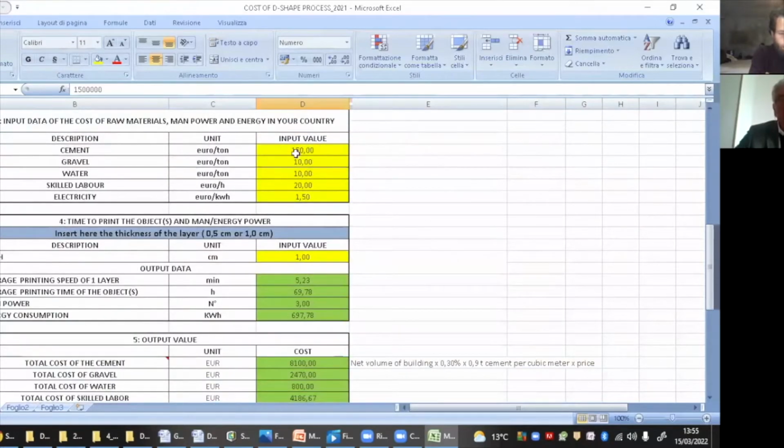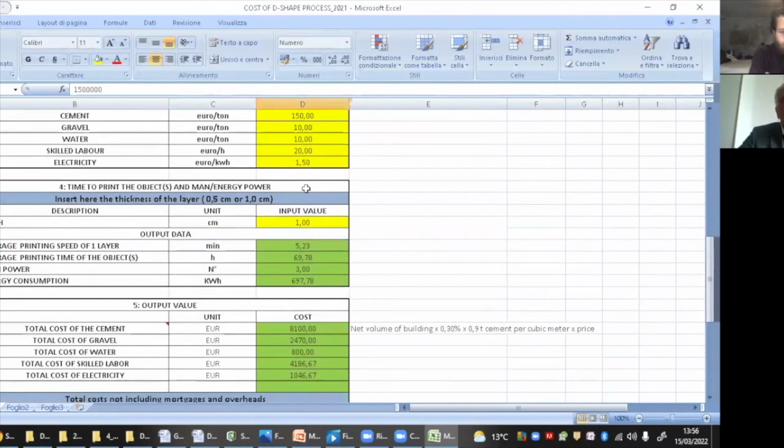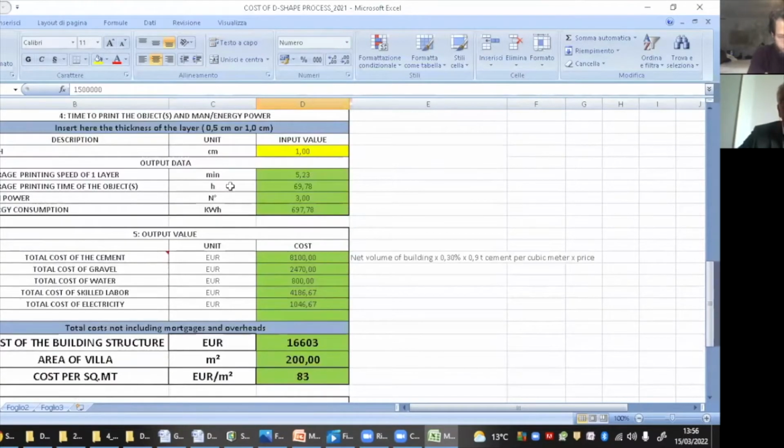Here you have the column of the cost of the cement, 150 euros per metric ton, gravel, 10 euros per ton, water, labor, about 20 euros per hour. And then we have the printing pitch, that is 1 centimeter per layer. According to the performance of the machine, here you see above the way the printing time of one layer is calculated.